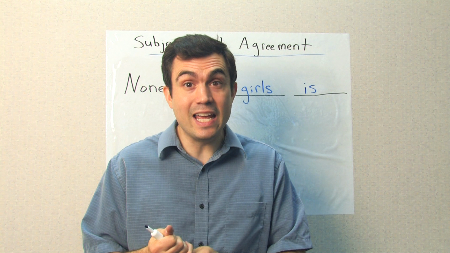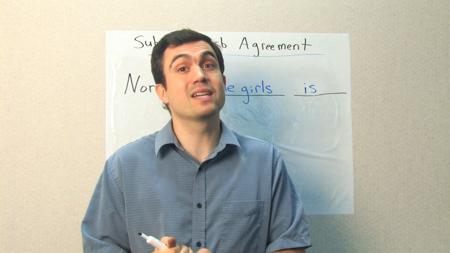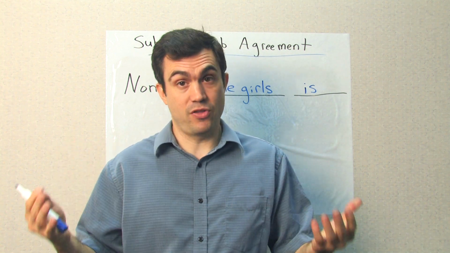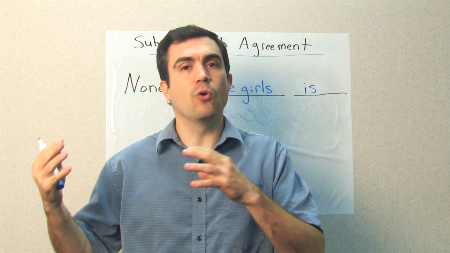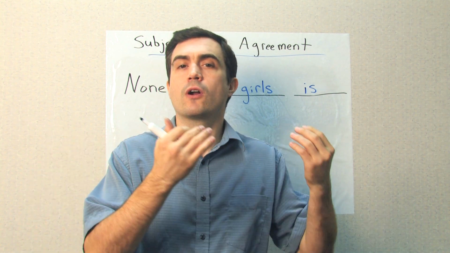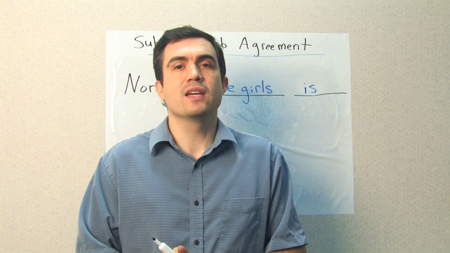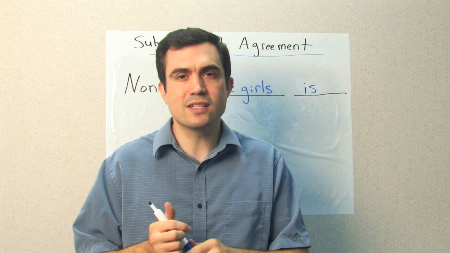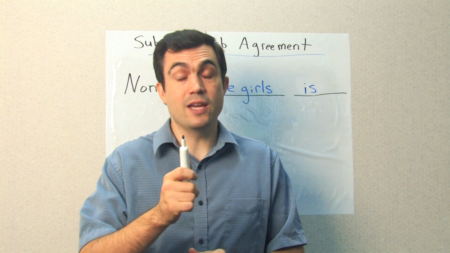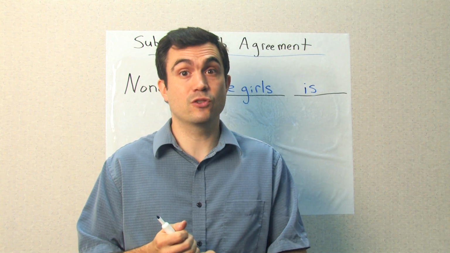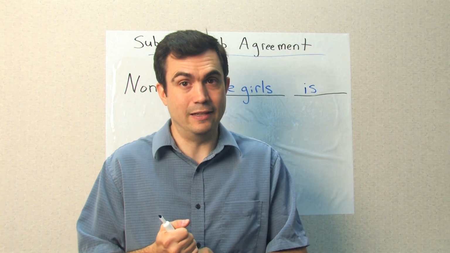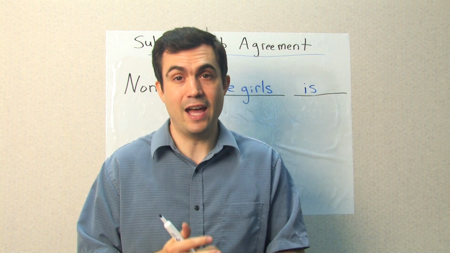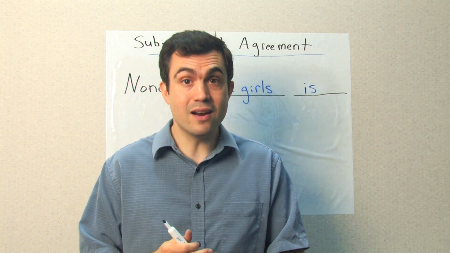In writing, it doesn't matter either because technically both are correct. One is more old-fashioned and one is more modern. So it depends on what your teacher says, on your word processing program, and also on what kind of grammar test you are taking. But that is the information I have for you regarding none of.